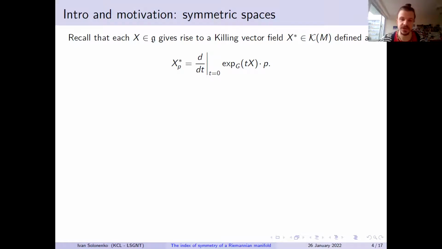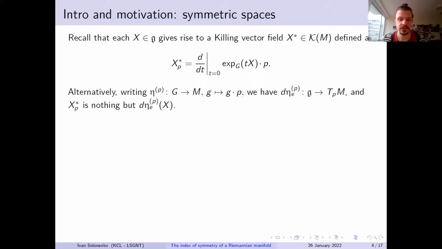And there is an alternative definition which will be useful to us. So we write eta, I always confuse eta with some other letter in the Greek alphabet, like tau, which is embarrassing. So yeah, this is eta, hopefully.